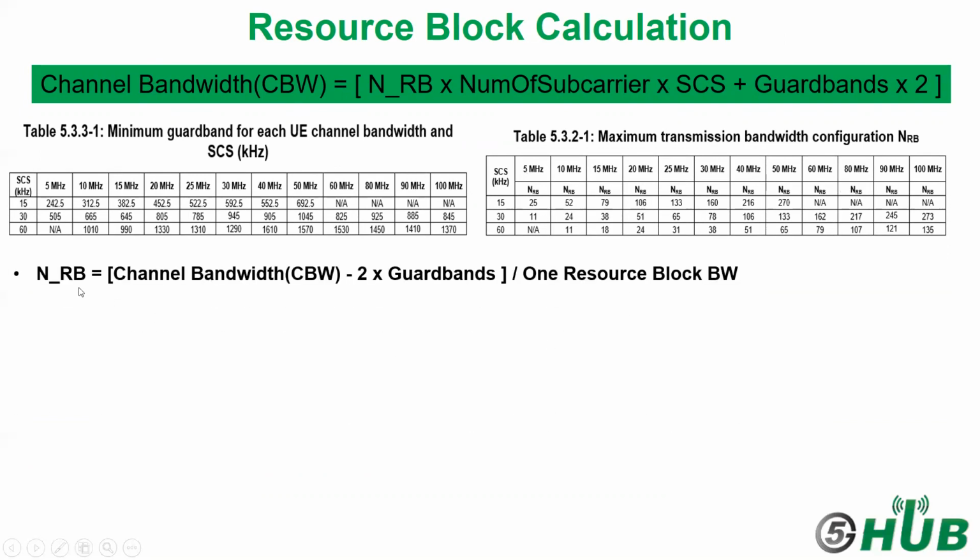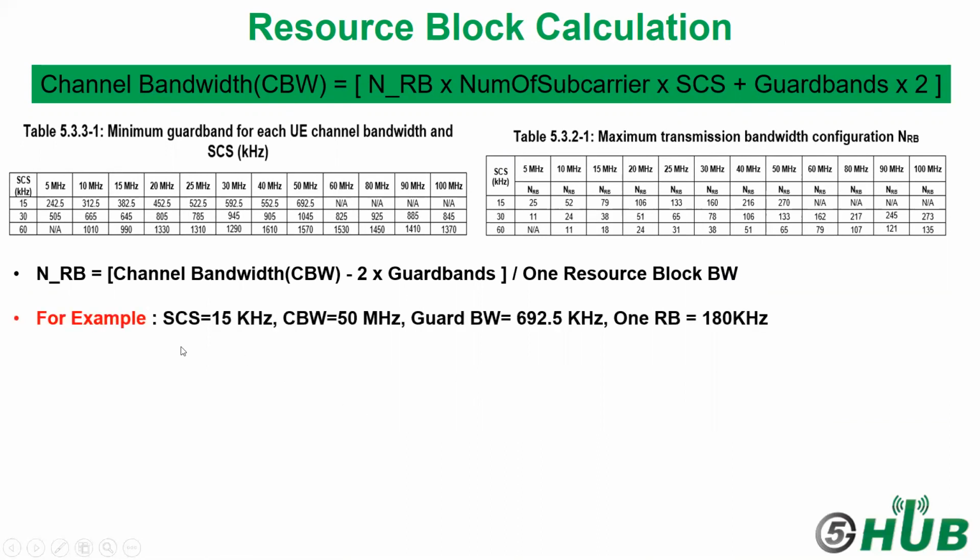So to determine or calculate the number of resource blocks, we will have this equation: channel bandwidth minus double the left-hand side guard band, divided by one resource block. This resource block will be based on the subcarrier spacing 15, 30, or 60.